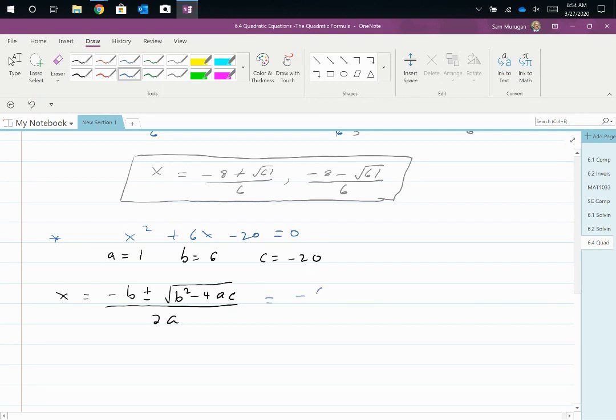So this is negative 6 plus or minus the square root of 6 squared minus 4 times 1 times negative 20, over 2 times 1.